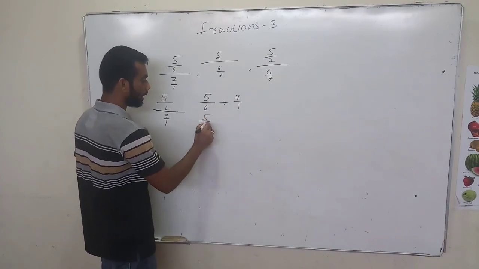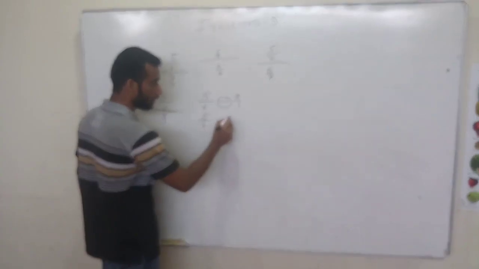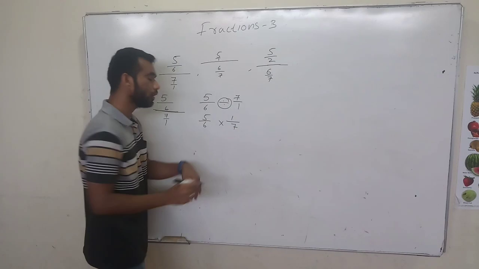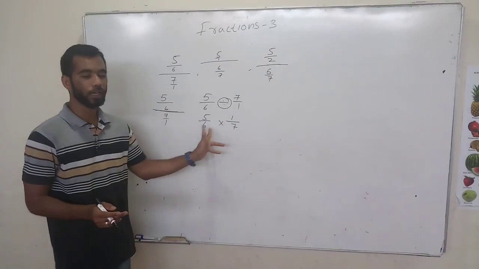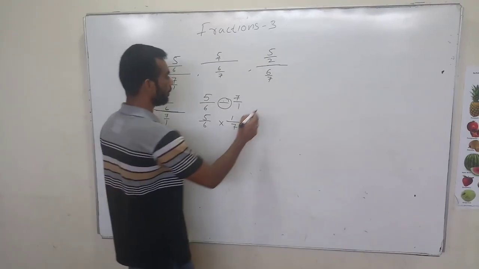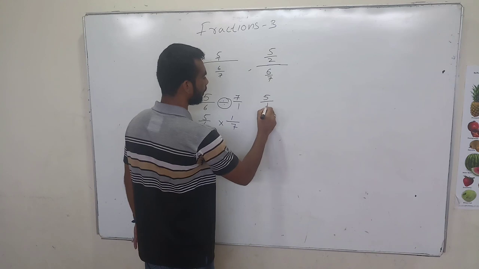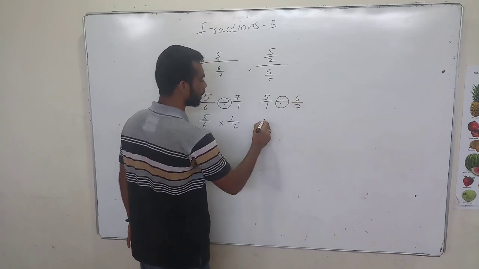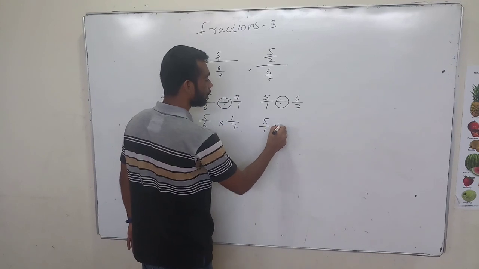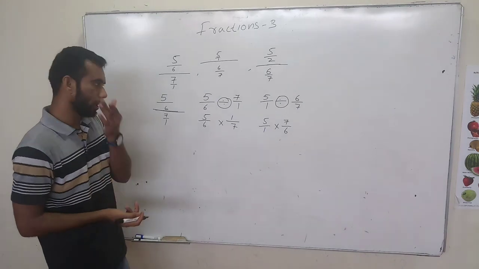Then 5 by 6 into, this division will convert to multiplication, and the numerator will go to the denominator and the denominator will come to the numerator. Interchange. Now one more we will see here. Nothing in this, 5 by 1 divided by 6 by 7. It will become 5 by 1 into 7 by 6.